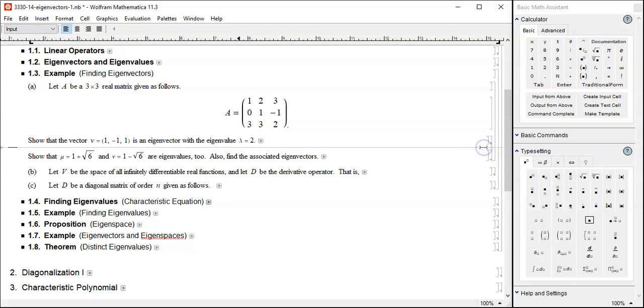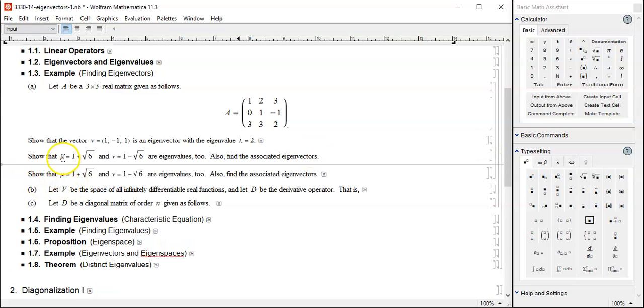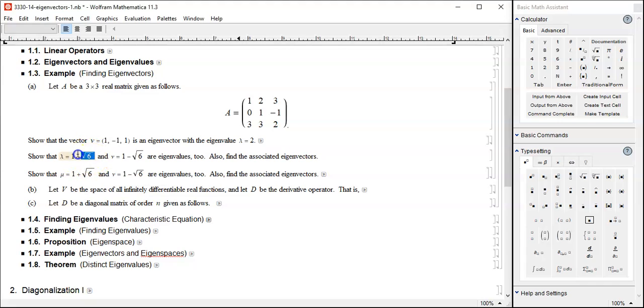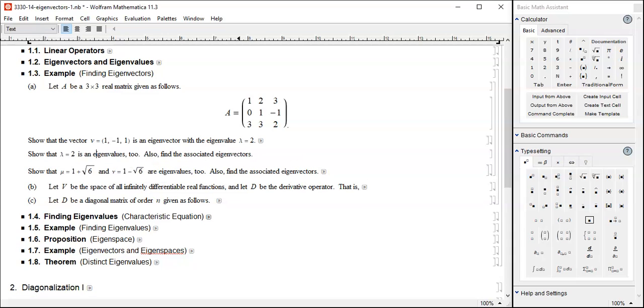Let's change this a little bit. Show that lambda equals 2 is an eigenvalue. Also, find the associated eigenvector.